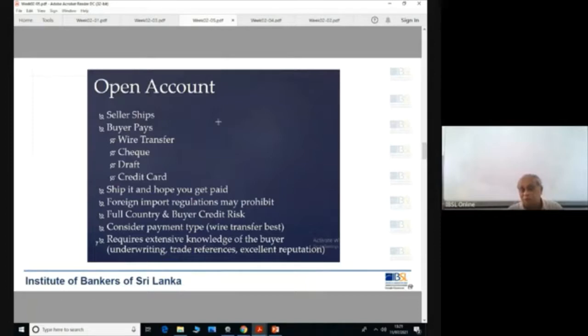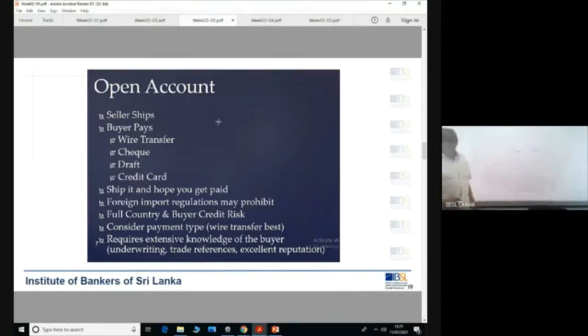So, the open account, right? How it happens: the seller will do the shipment and then the buyer will pay. Now, if I draw this, it is like this. We have the buyer and the seller.